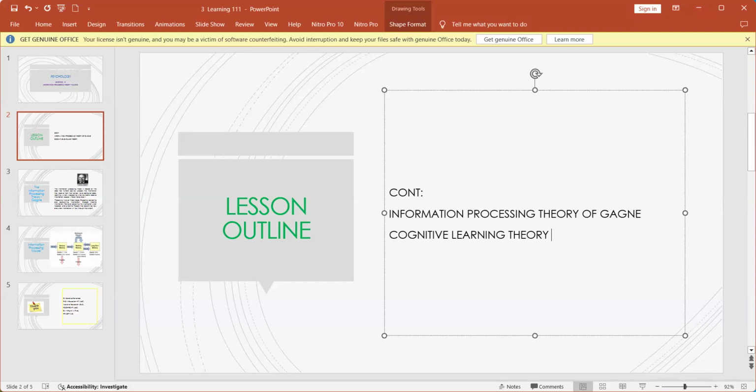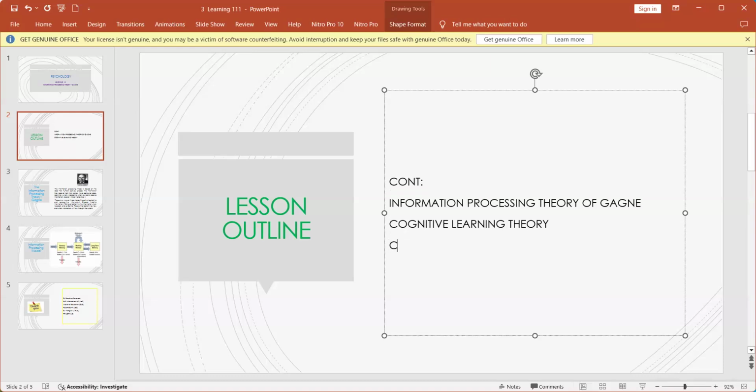So cognitive learning theorists ground their learning theories on this belief in the cognitive capacities of the individual. So we call it not simple learning, but complex learning, right? Learning is not just habit formation, as the behaviorists believe.